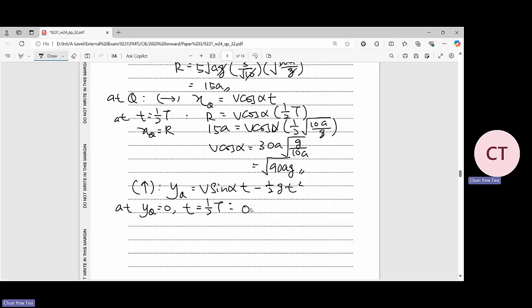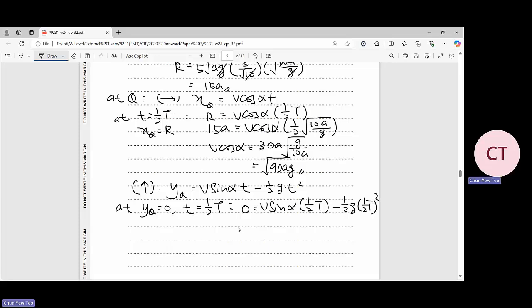So from here, you get 0 equal to v sine alpha times half of t minus a half g times half t square.